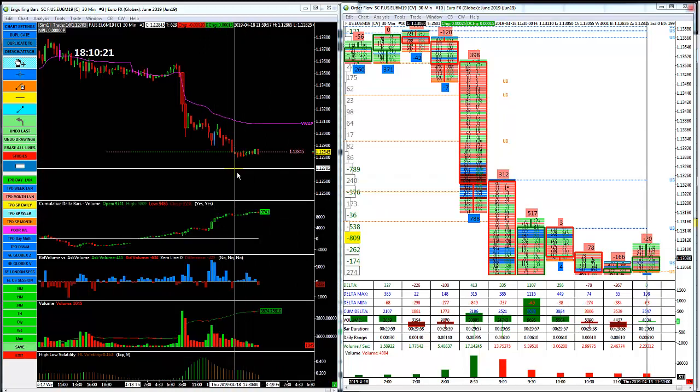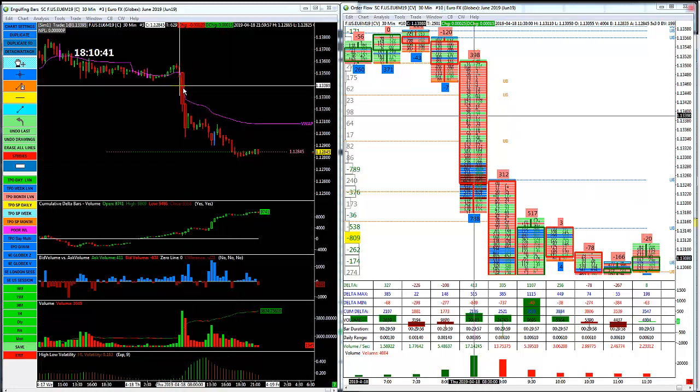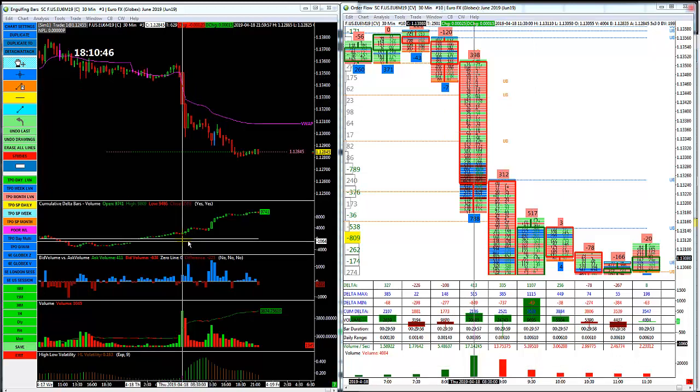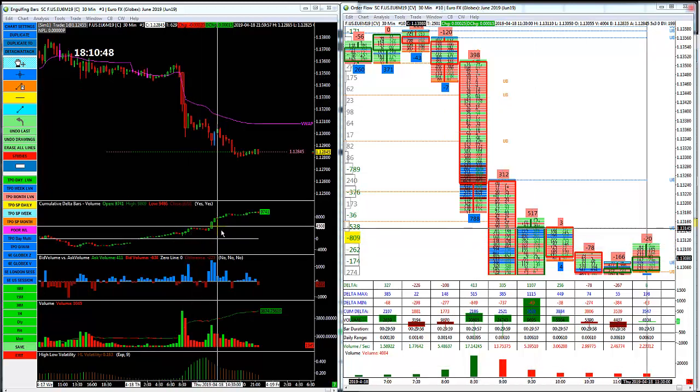So what could we have here? Well, I think it's a combination of two things. Number one, we have obviously stops being hit. So stops are liquidity, resting orders, and when the market comes to a certain level, it sort of triggers some of these stops, so that becomes aggressive, effectively, buying orders.